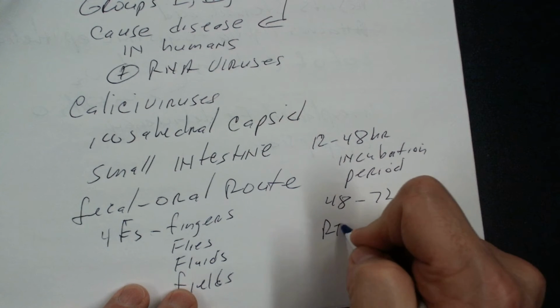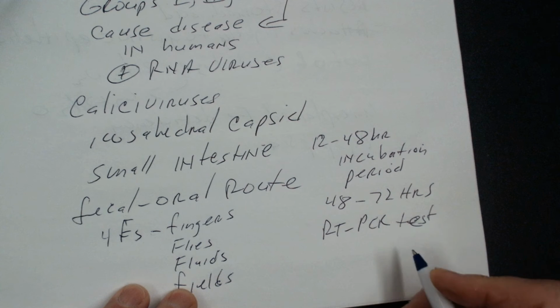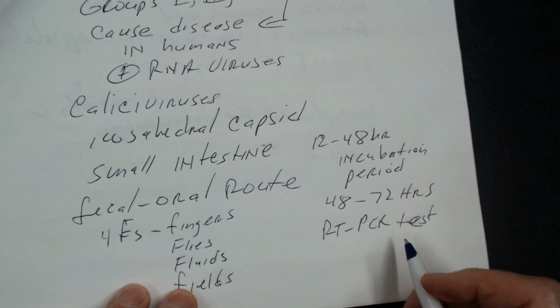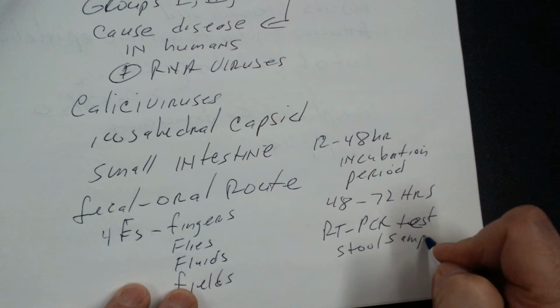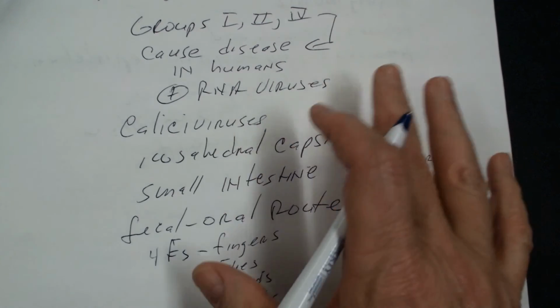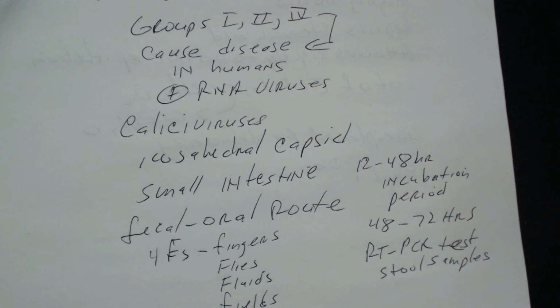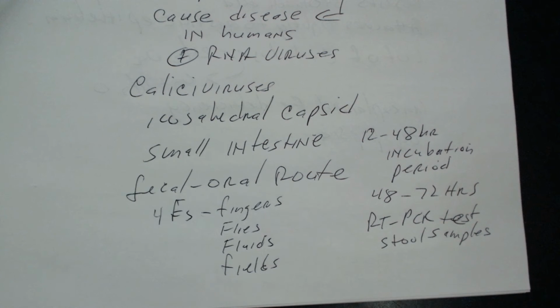There's a very good RT-PCR test for the virus from stool samples. The treatment is supportive. Antiemetics can control vomiting. There's no vaccine. And by practicing good hand hygiene, you can limit the outbreaks of norovirus.